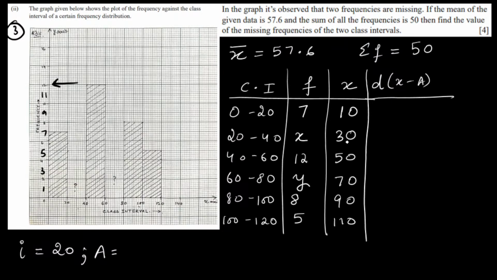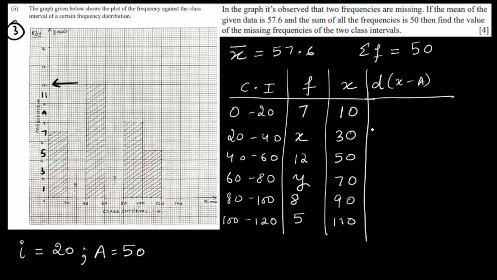See, if you count 1, 2, 3, 4, 5, 6, so an even number of terms are there. From the two middle ones, any one you can choose as a. I'm just going to choose 50, let's say. 70 also you can do.